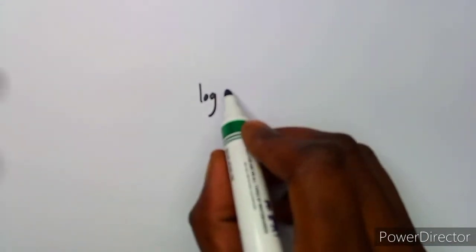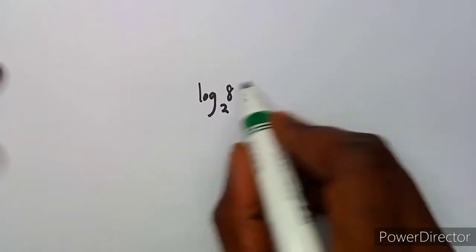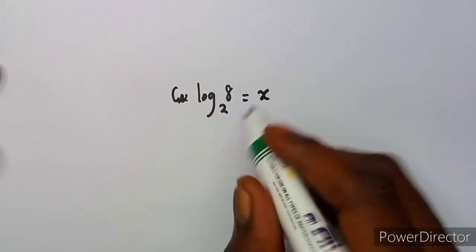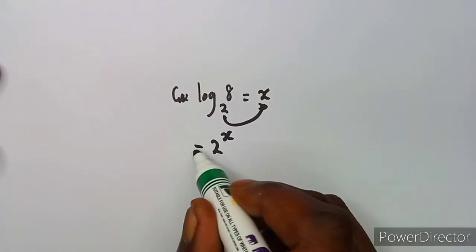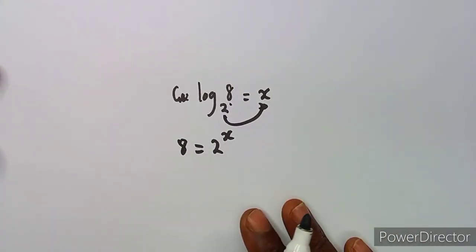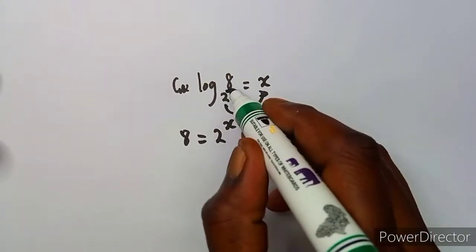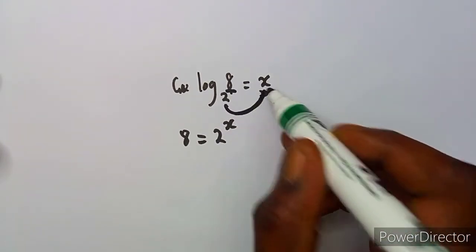Log 8 base 2, you just simplify, just like what we did there. Log 8 base 2, let it be equal to x. So just the normal way, 2 to the exponent of x, 8 is equivalent to the base to the exponent of x.